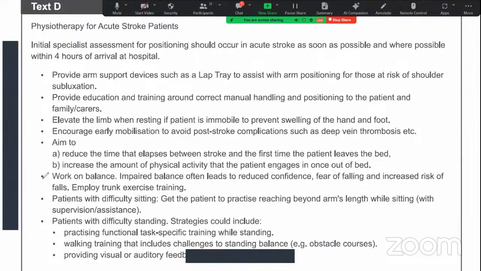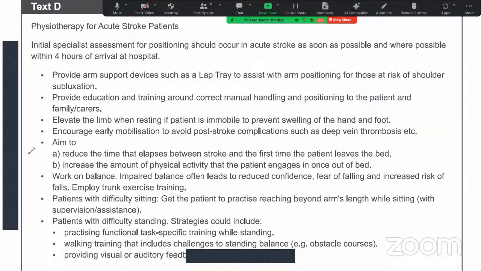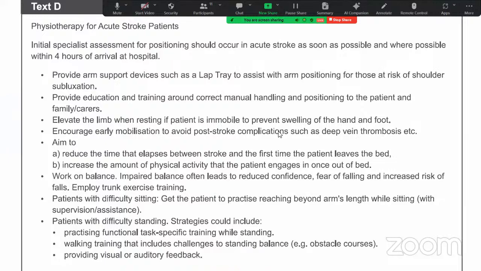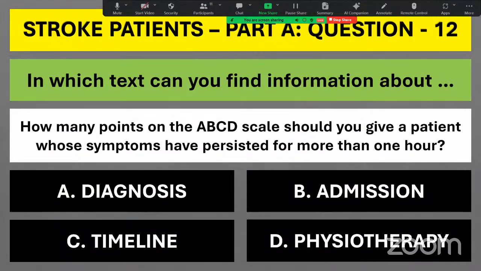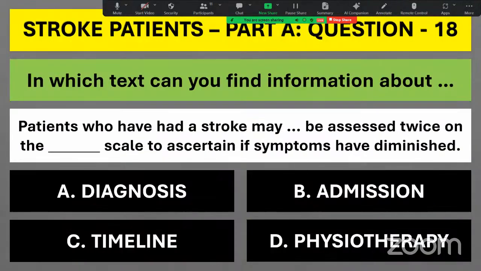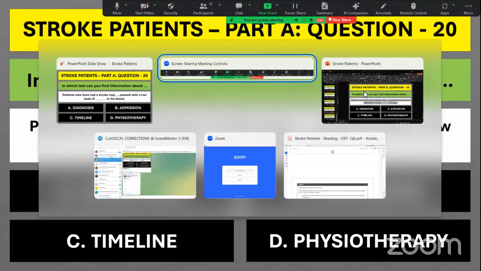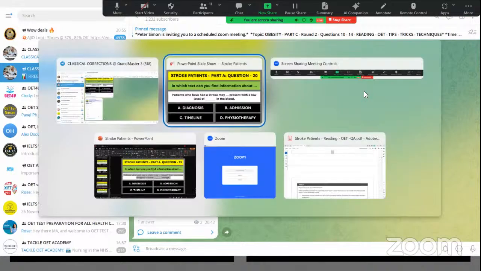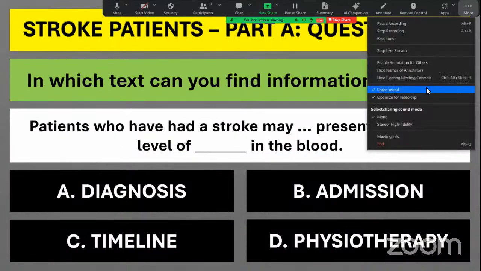Okay, so next, question number 20. Last question.